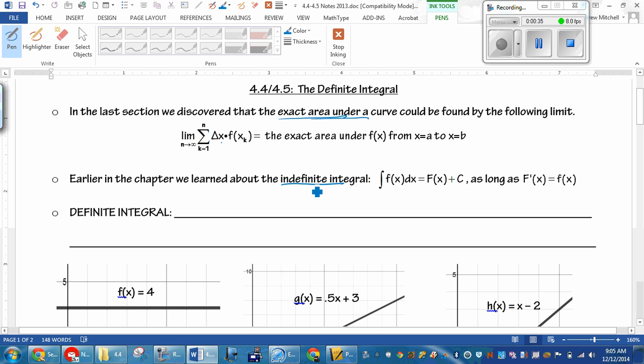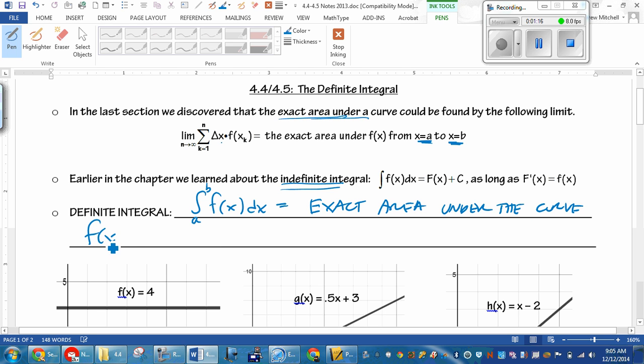And like I said earlier, we talked about the indefinite integral, and these are actually kind of connected because the definite integral is like the indefinite integral, only it has an a and a b that are attached to that integral sign, and that a and b are these two letters right here, the beginning and end of that area, because the definite integral from a to b of f of x dx actually equals the exact area under the curve f of x from x equals a to x equals b.